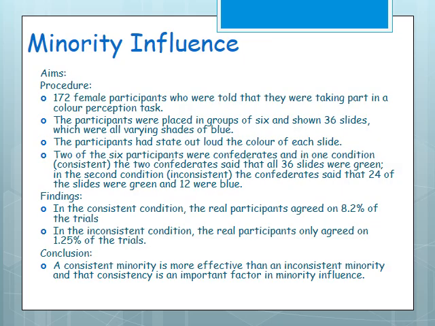Minority influence. Remember, we need to be aware of the idea that flexibility, commitment and consistency are important. The aim of the minority influence study was to see whether a minority could influence a majority. 172 female participants were told they were taking part in a colour perception task.